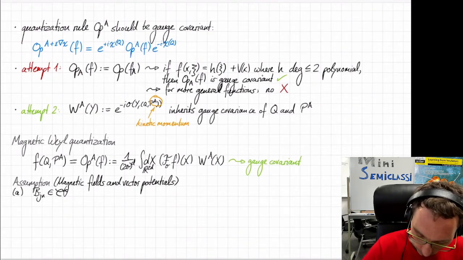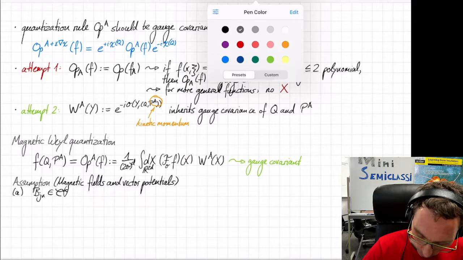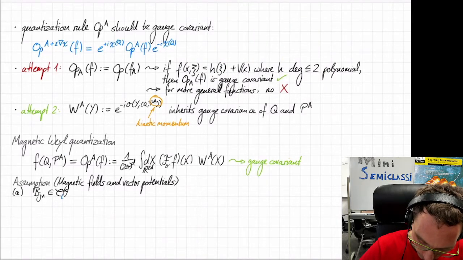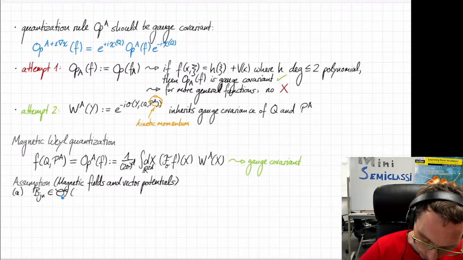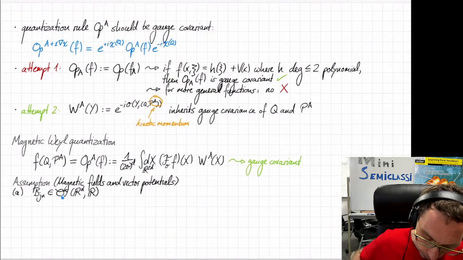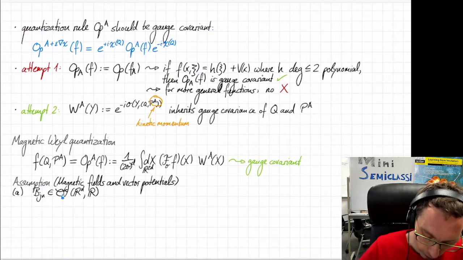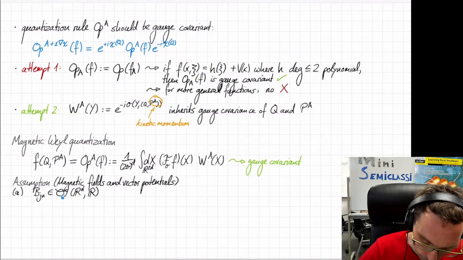So maybe I'll use a different color. So this is the B here. So the B just means that the components of the magnetic field are bounded, smooth, and have bounded derivatives to any order.